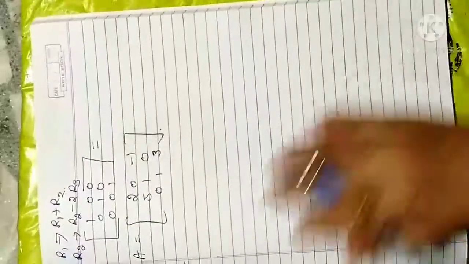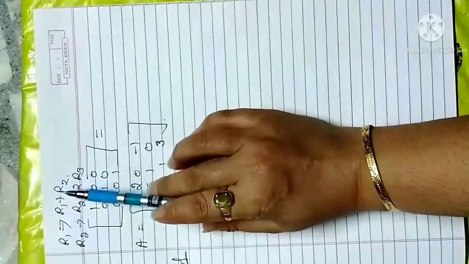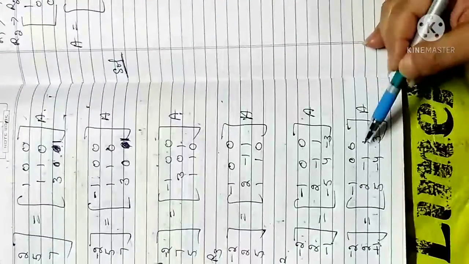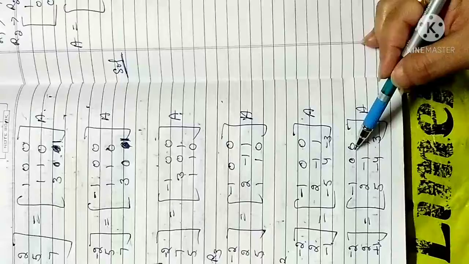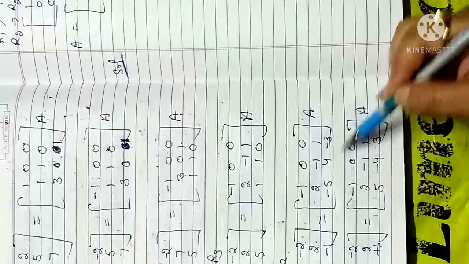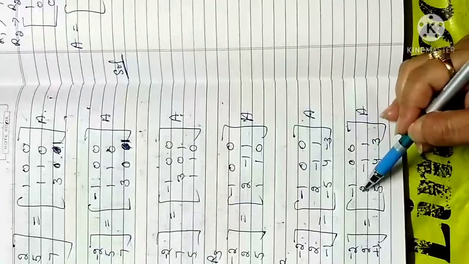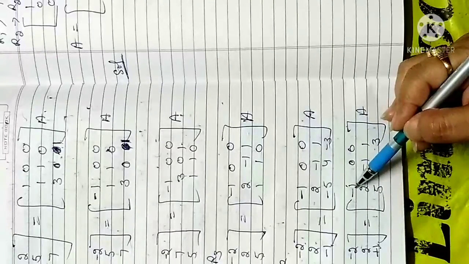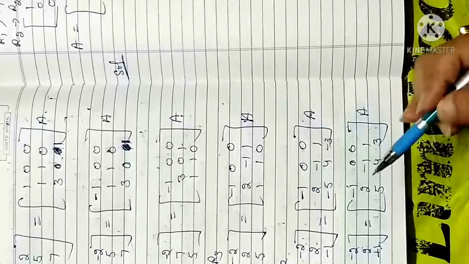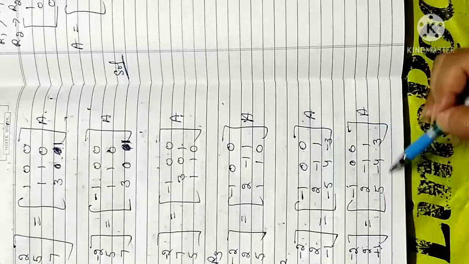Okay, so my last operation was first add row 1 with row 2. Previously in this matrix, because first you change row 1, that gives me 1 here, minus 1 and 1. The other two rows are as they are.